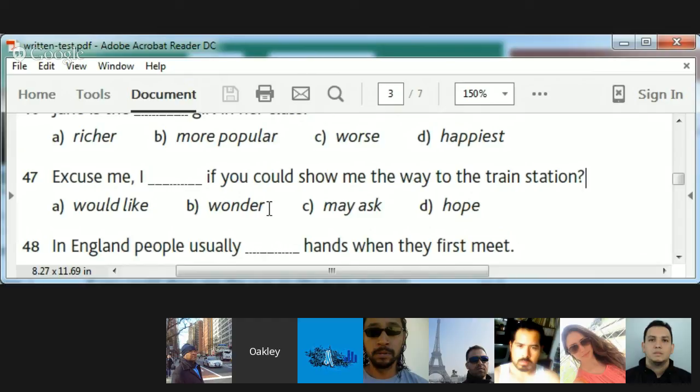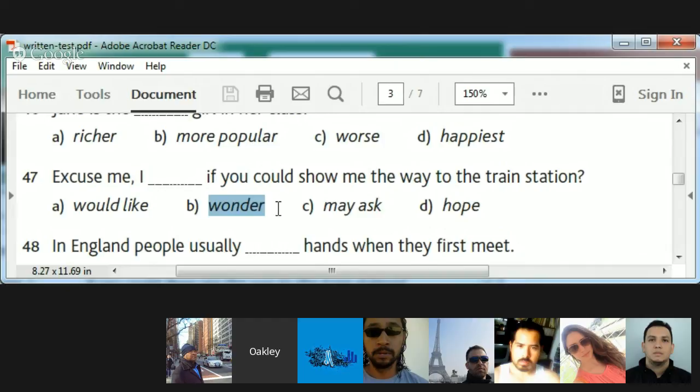And I also thought it could be, excuse me, I wonder, but I think it should be I was wondering. So maybe letter C. You could say I was wondering if you could show me the way. That's too formal. Well, yeah, it's very formal. I wonder if you could show me the way to the train station is definitely very normal.